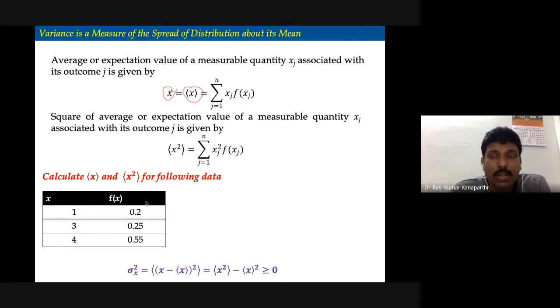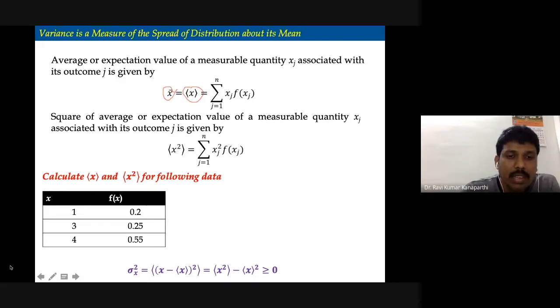So you got one quantity one time, and the probability is 0.2 out of the n number of measurements. And 3 times you got something, and the probability when you evaluate becomes 0.25. And 4 times you got another quantity, and the probability when you evaluate becomes 0.55.